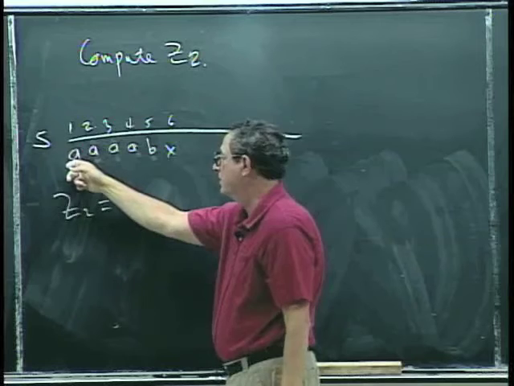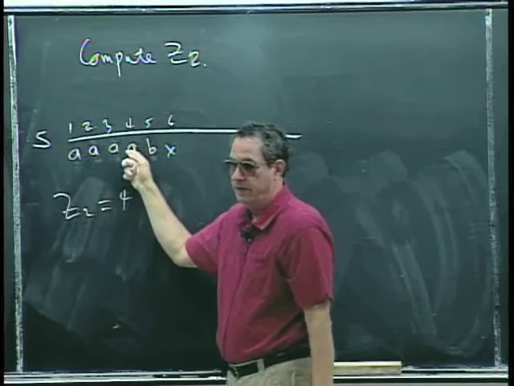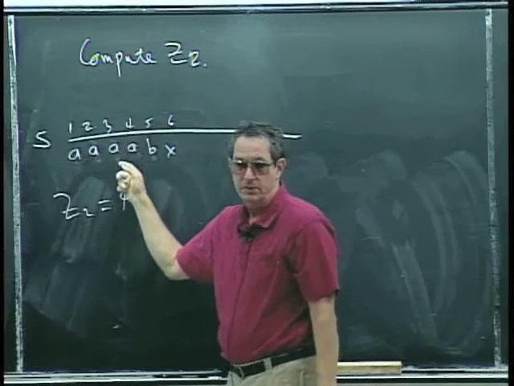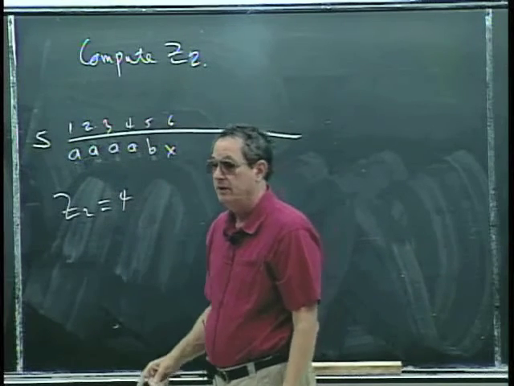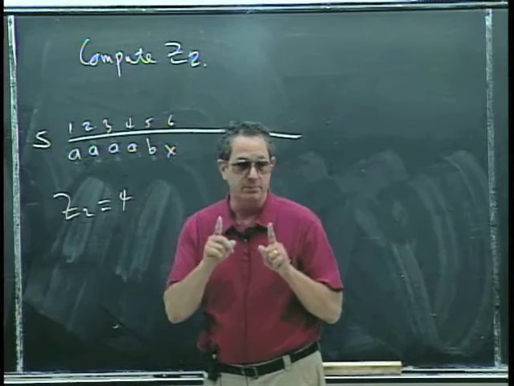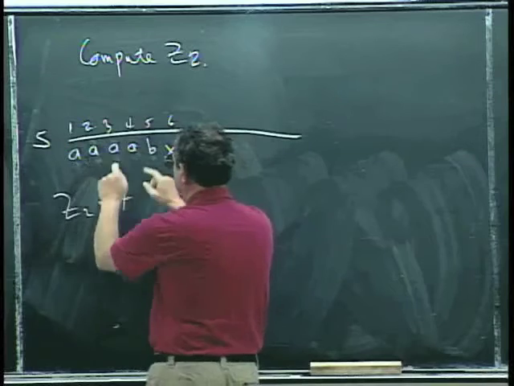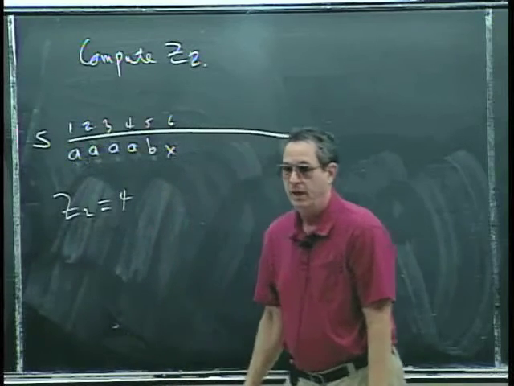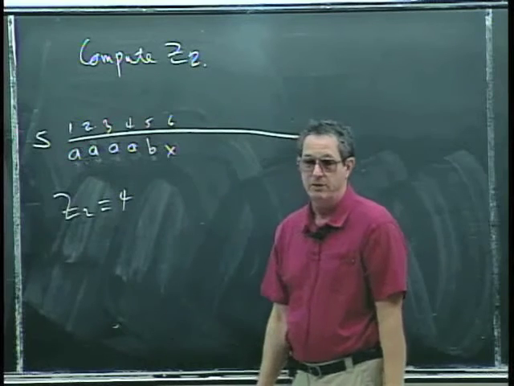You can just say, okay, the first character is A, and how many additional characters are equal to A, and that's what Z2 is. You can convince yourself that that's correct. Okay. But certainly, we can always go back to the explicit two-fingered approach of actually looking at the characters. And for any position where we want to compute a Z value, we can always do that.